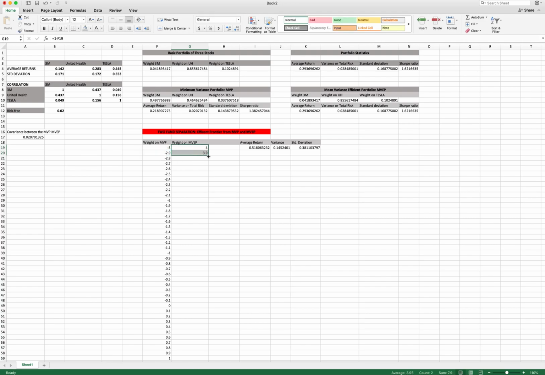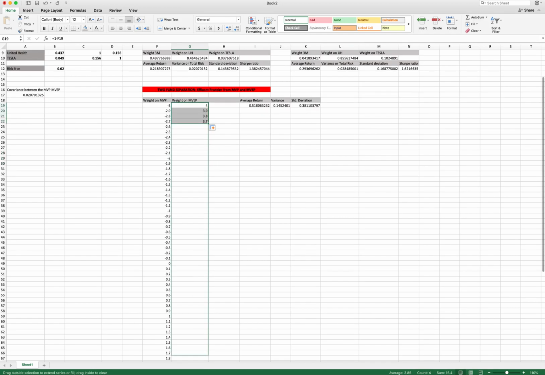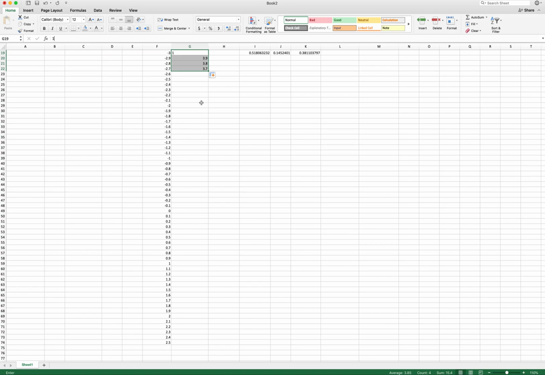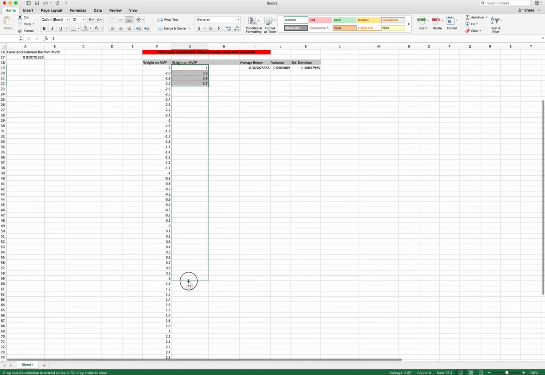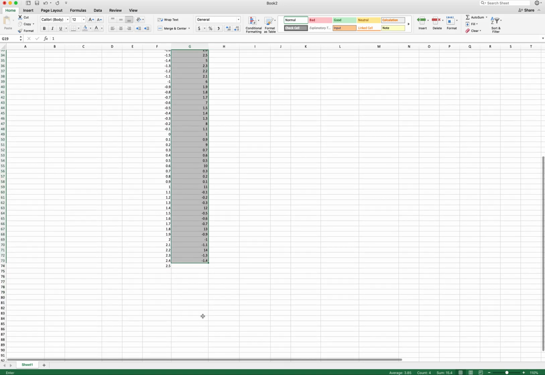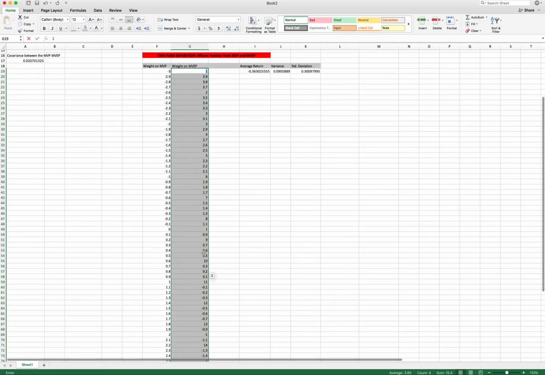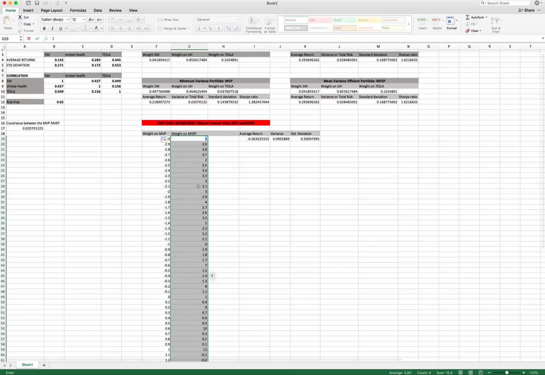Let's hopefully Excel is going to understand. Yep, here we are. So we have just a series of different portfolios here where I varied the weight, right? So you see that that's just a list of different portfolios where I varied the weight.